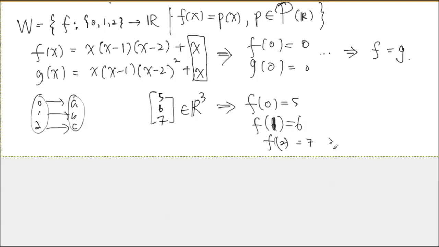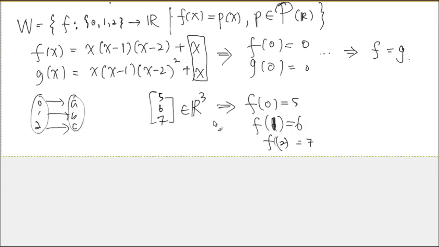Each column vector of size 3 can be viewed as a function sending 0 to that number, 1 to that number, and 2 to that number. Right? So even R3 can be viewed as a space of functions. R3 wasn't defined as a space of functions, but it can be viewed as one.